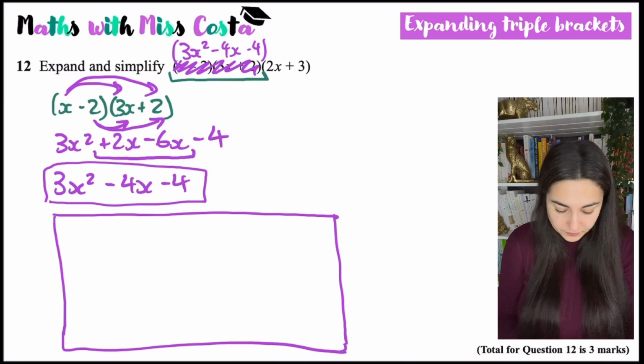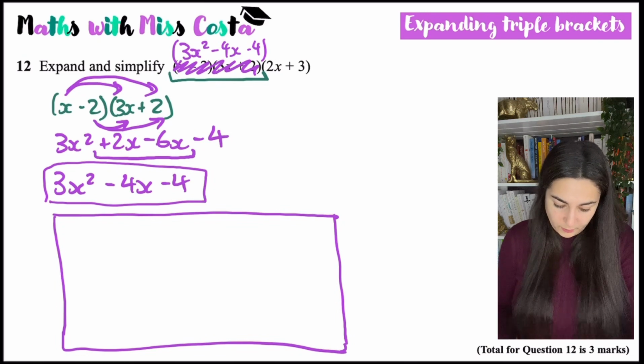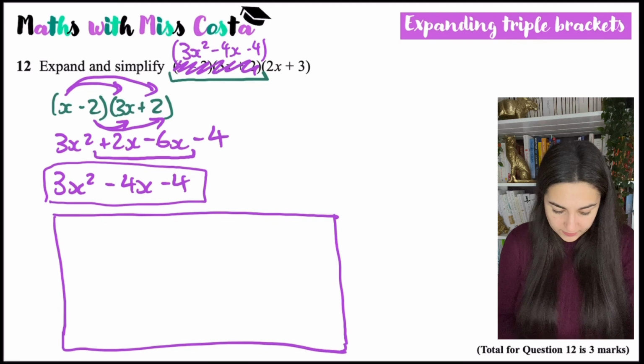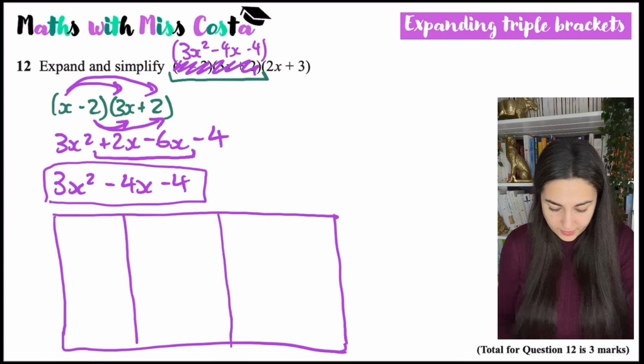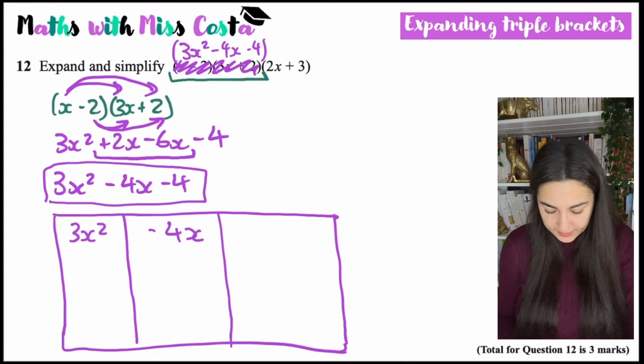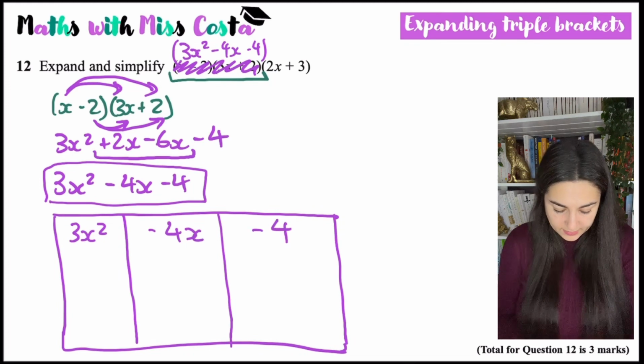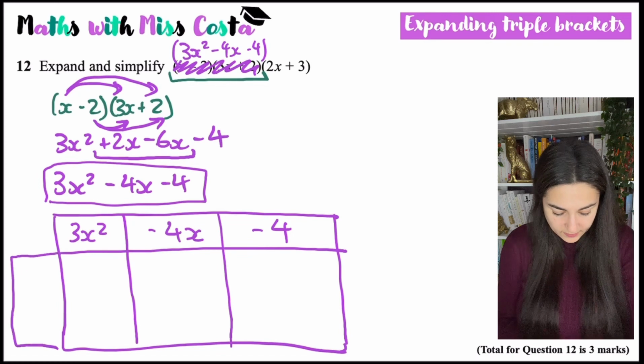So we've got our grid, and we are going to have 3x squared, negative 4x, negative 4, and I'm multiplying that by 2x plus 3.